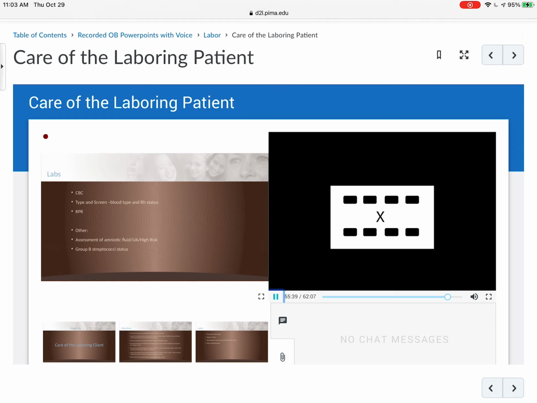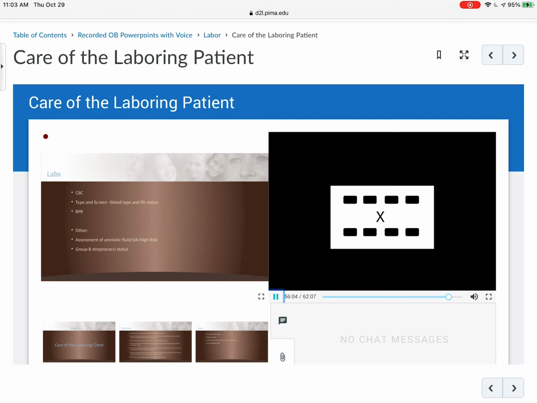We will do a type and screen to see their blood type and their Rh status. Really important lab there, because with hemorrhage being our number one risk factor, we want to make sure that we have blood readily available. The RPR is done in the state of Arizona because there's a rise in syphilis, so we do the RPR to check for syphilis.